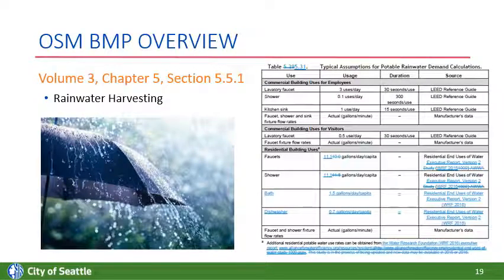So rainwater harvesting, there's a new category 4 sizing criteria. There is a category 2 sizing criteria, which typically does not need to be evaluated, but now there's a category 4 sizing criteria.